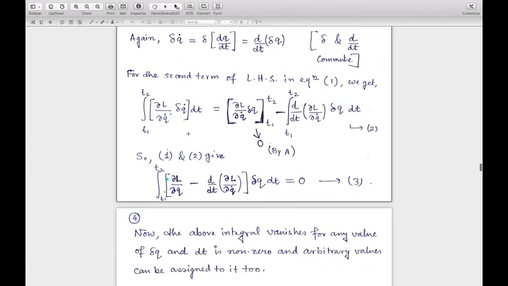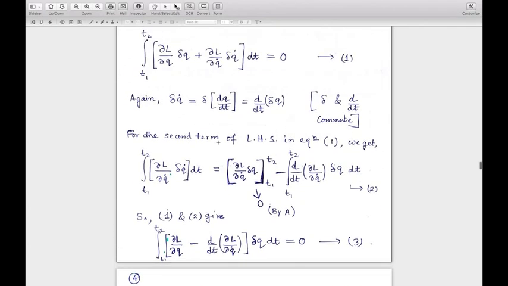Now, if you substitute this in the second term, saying delta q dot is d/dt of delta q, you can do an integration by parts of the whole thing, where the first term will simply be del L del q dot delta q evaluated at t1 and t2, minus the integral from t1 to t2 of d/dt of del L del q dot times delta q dt.